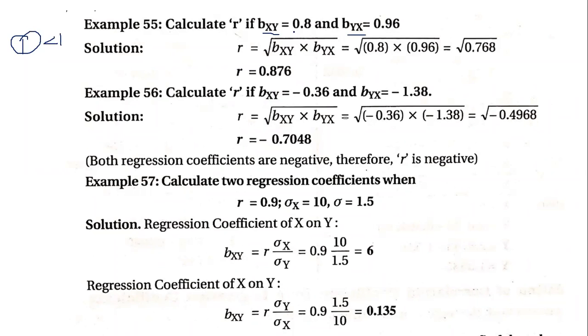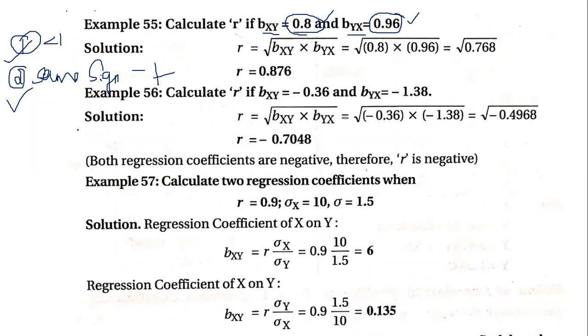Are they less than 1? 0.8 is less than 1, okay. 0.96 is also less than 1, so no problem there. Now coming to the second point, we have to check if both have the same sign. Here both have a plus sign, so the second point is also complied with. So both points are done.